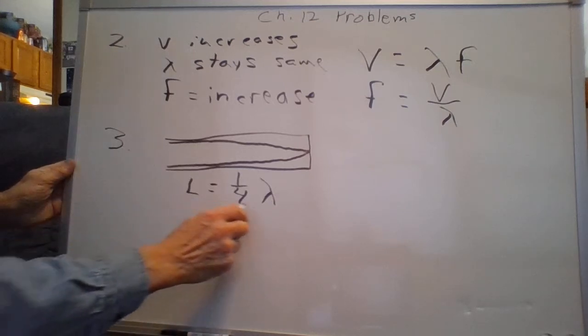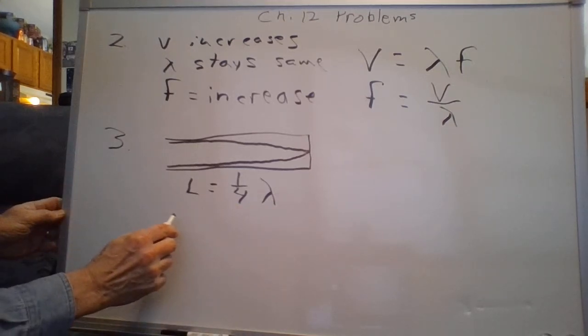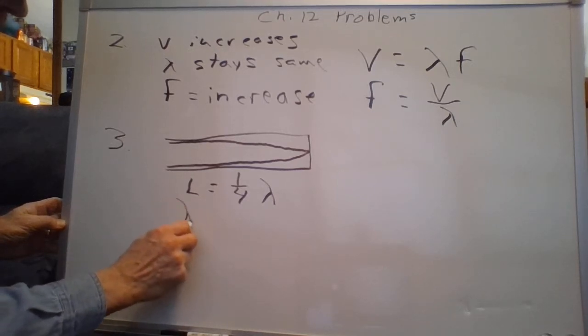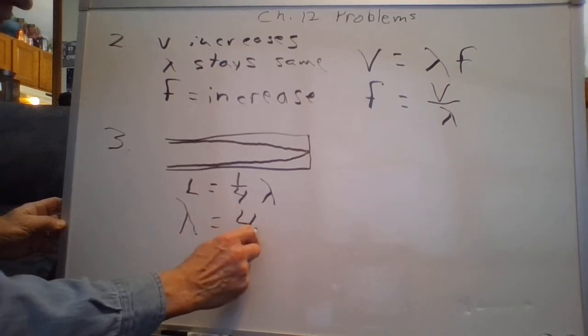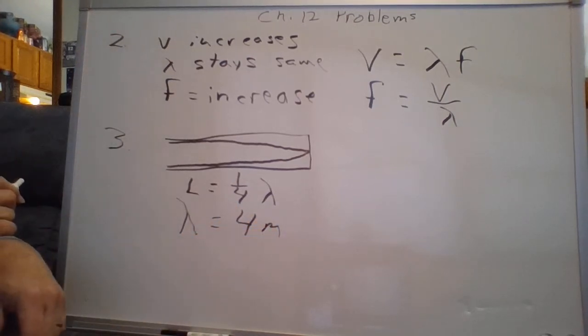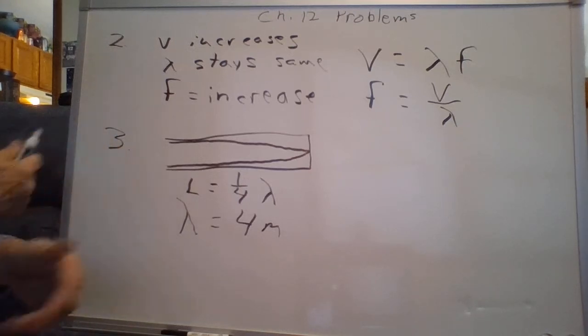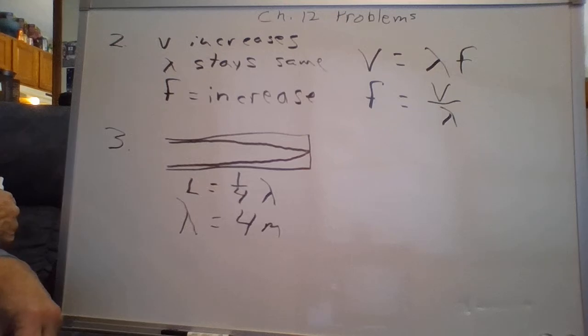Well, if 1 meter is 1/4 of a wave, then the wavelength would be 4 meters, because the length of the tube is actually 1 meter. That would be a pretty long wave. The wavelength of the 55 hertz that we calculated in number 1 was 6 meters long. So this would be a pretty low note if we were actually producing a note.